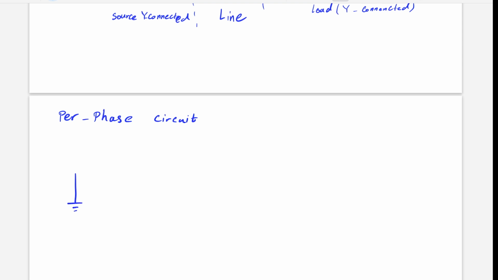This is grounded, which we can call node N also, or the neutral node, and it is connected to VAN.